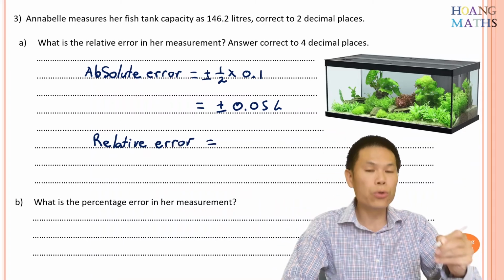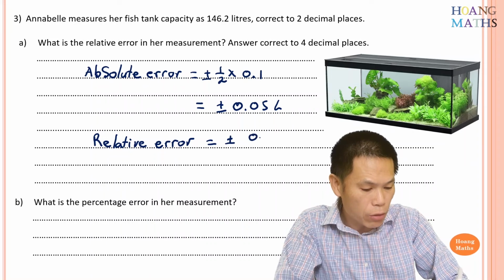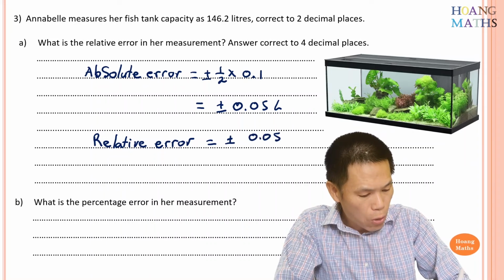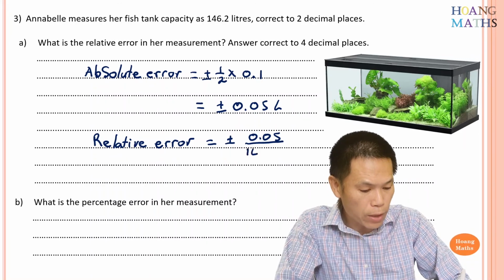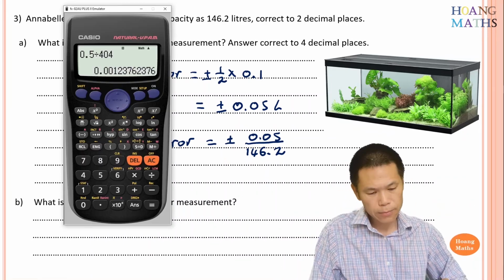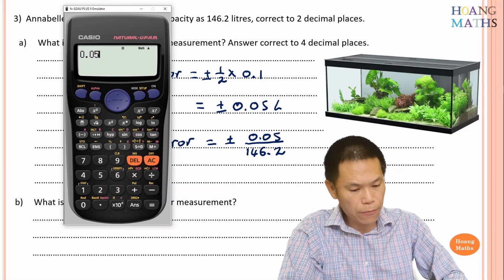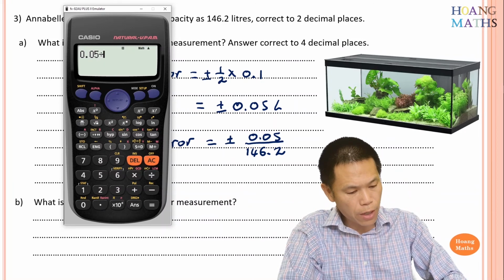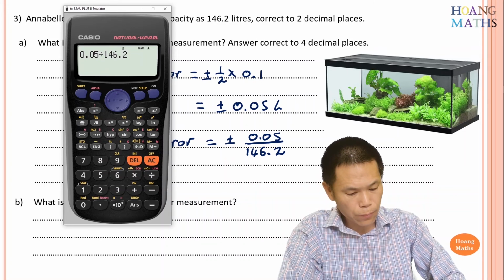So the relative error is equal to the absolute error, plus or minus 0.05, over the measurement. In this case it is 146.2. Now I just use the calculator to work this out: 0.05 divided by 146.2.